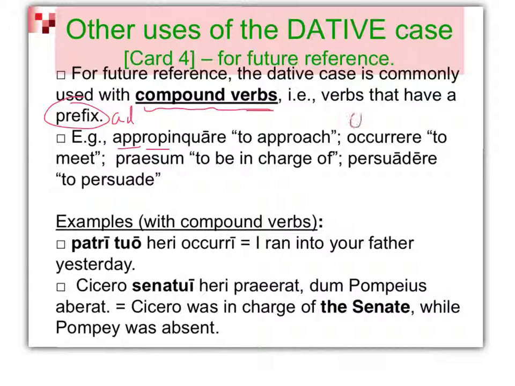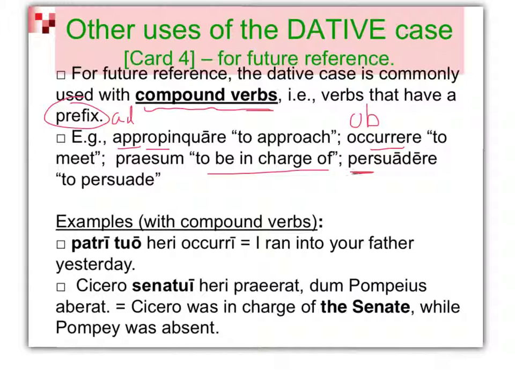Occurro is the preposition ob plus curro, to run, and when you put it with ob, it means to meet up, run into someone, and that person you run into is in the dative. Praesum means to be in charge of. So whatever you're in charge of goes into the dative.